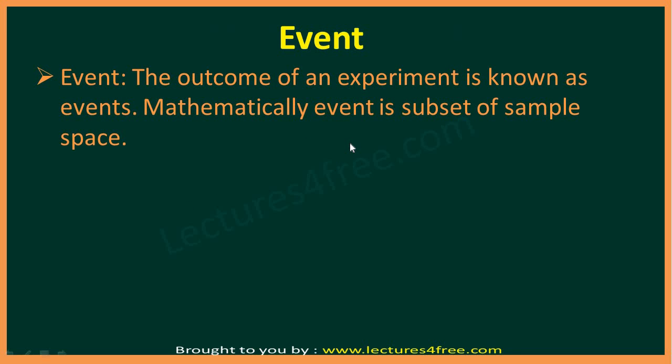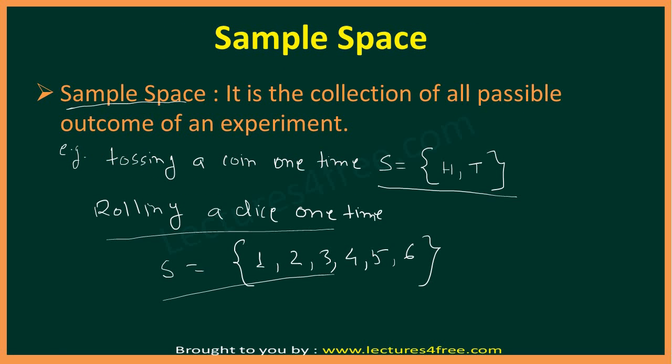Now let's see the definition of events. The outcome of any experiment is known as an event, or mathematically we can say that an event is a subset of sample space. Like here, this is the sample space for tossing a coin.